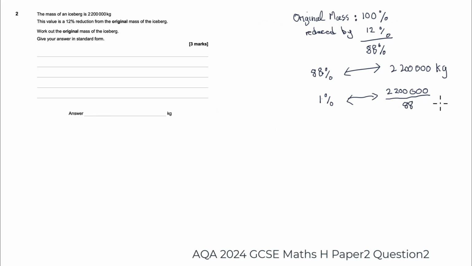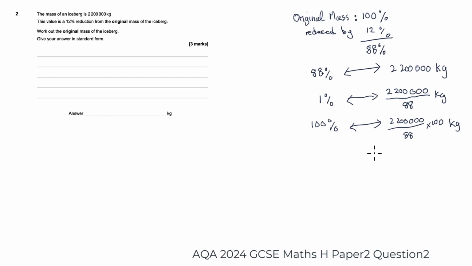And we've got calculators, we'll do that in a wee minute. Now that's only 1% of the original iceberg. Well, at least that's progress, because now how do we get to 100% if we know what 1% is? Well, we would multiply by 100. Take this number, whatever it is, and multiply it by 100. And we've now got the wee recipe that will give us our answer.